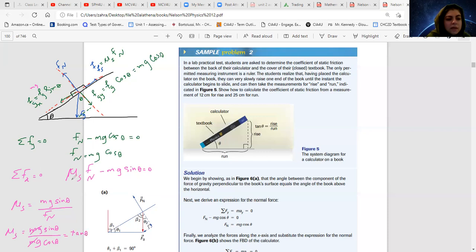So tan of the maximum angle is your coefficient of static friction. How do I know the force of friction is upward? Because if you increase your angle a lot, it moves down, and friction is always against the movement. That's why this is up. Of course, the x component is down here. Anyway, this is how we do this question.